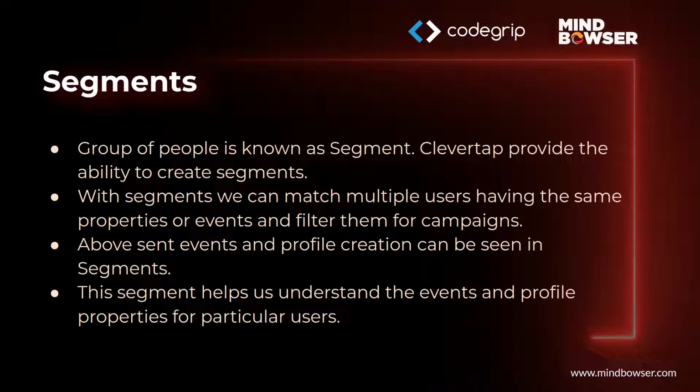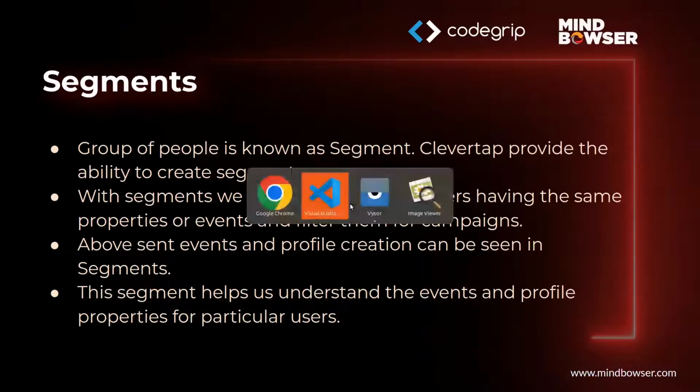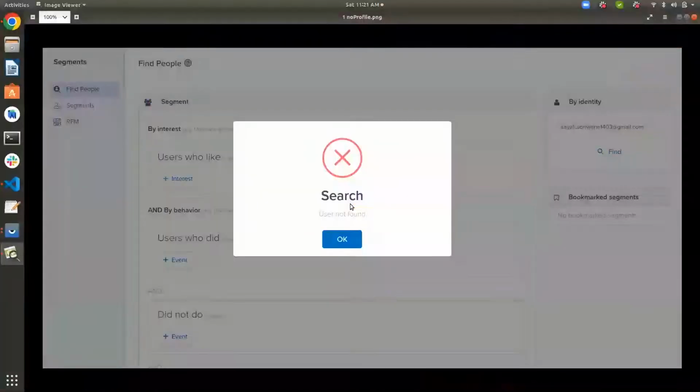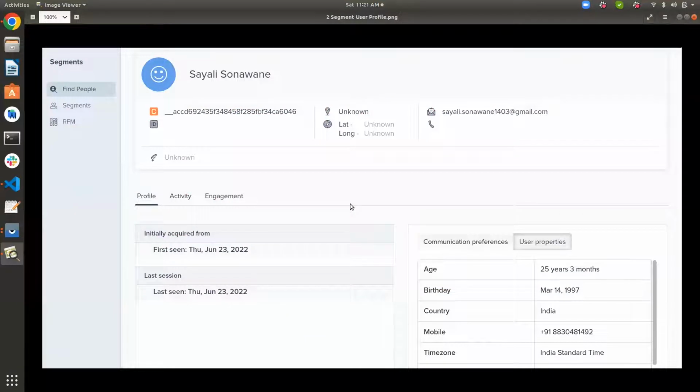Now we will see how the profile which we created previously using the profile.set function is seen in the dashboard. Once the user creates the profile, this is how you can search for the profile and you will get the information of the user. Here is the name of the user which we sent.